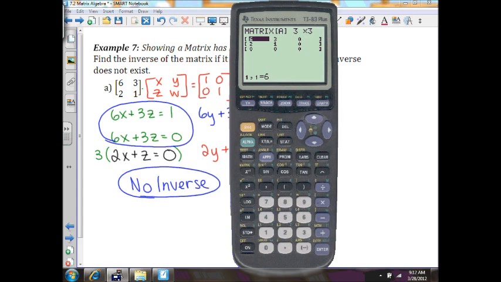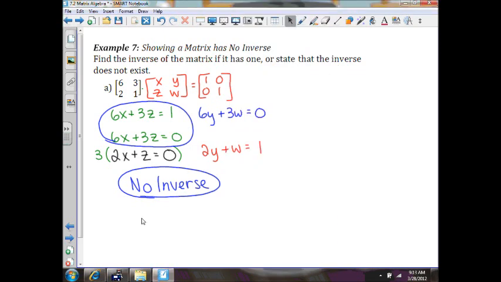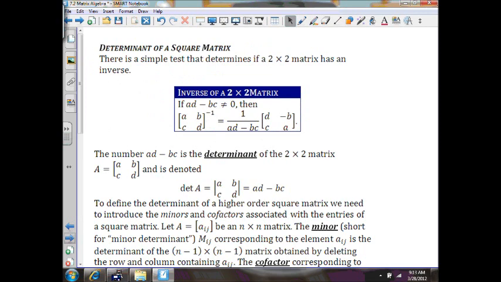So you have 1, 2, negative 1, 2, negative 1, and 3, 3, 1, and 2. Now again, I'll find the determinant of the matrix. And again, because the determinant of the matrix is 0, therefore there is no inverse. Now I realize we haven't really talked about determinants yet. That's what we're going to talk about here.